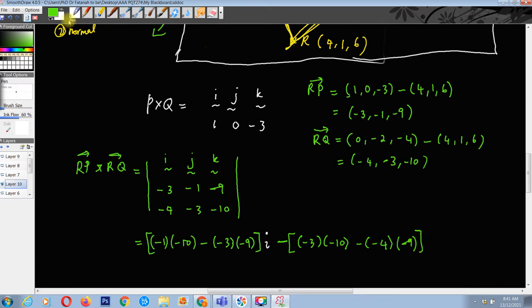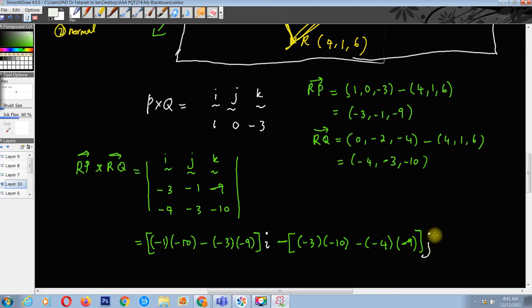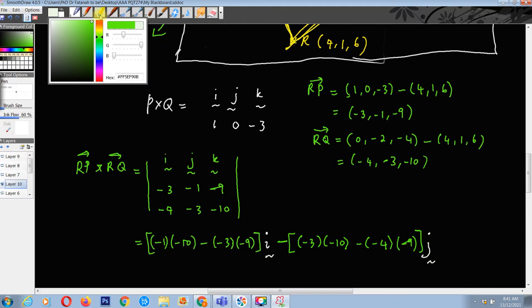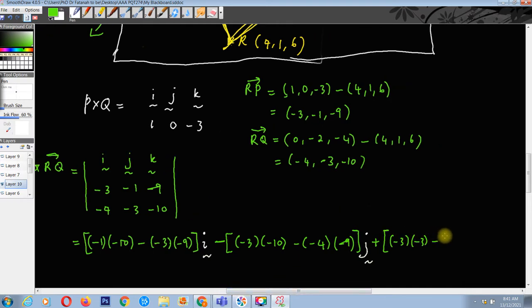Okay, this is J. For the K component, we will have plus, bracket first, negative 3 times negative 3, minus negative 4 times negative 1.